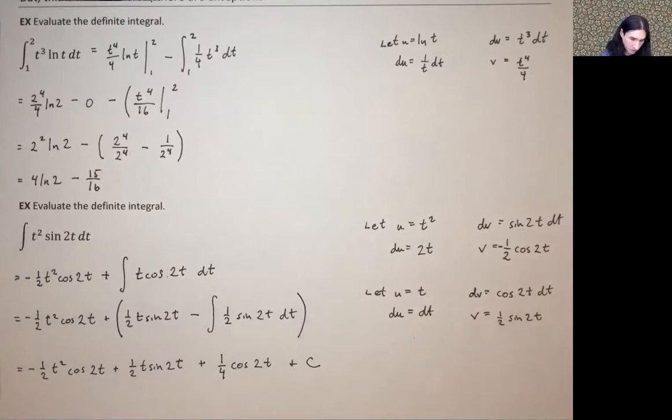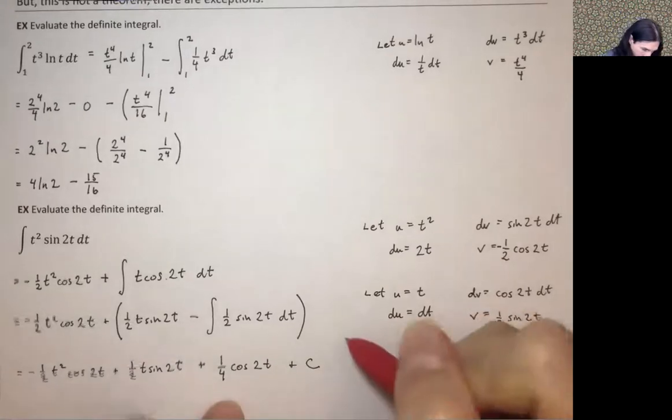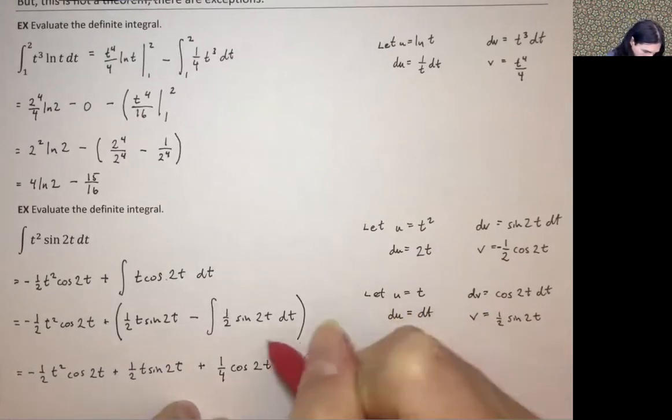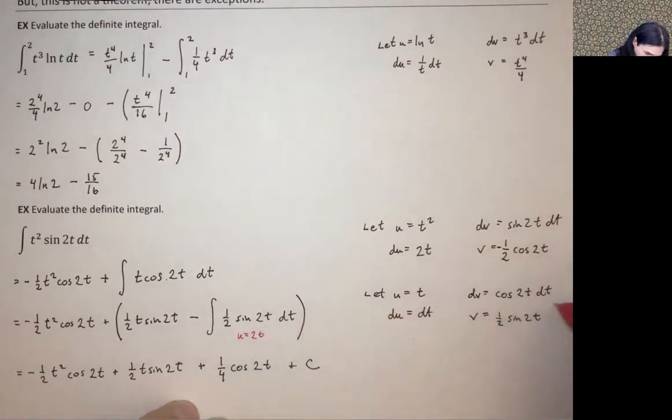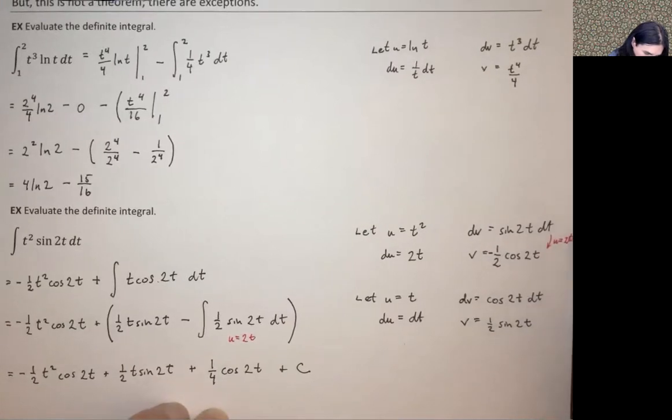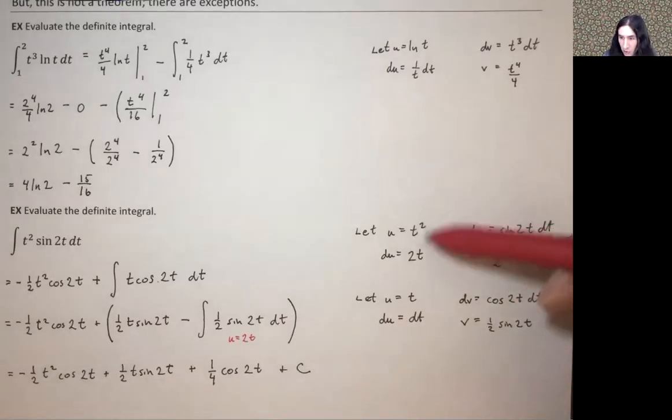So remember, we've got some stuff going on behind the scenes here. We've got a u substitution, u equals 2t there, and in all of these, when I'm going from dv to v, I'm using a u substitution of u equals 2t. U is probably a bad name here for your substitution where you're actually doing this, because there's another u in play over here.